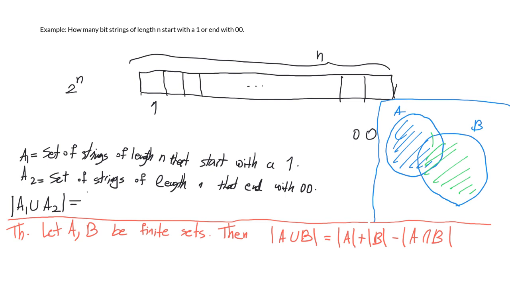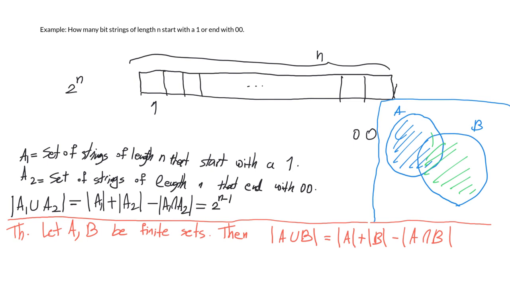And now if we just use this formula in our example here, we will get that this number is equal to the number of elements in A1 plus the number of elements in A2, minus the number of elements in A1 intersection A2. Okay, but these are very simple. The number of elements in A1, because A1 is the set of strings that start with 1, so we have n minus 1 free places that we can put anything in them, and therefore we get 2 to the n minus 1.